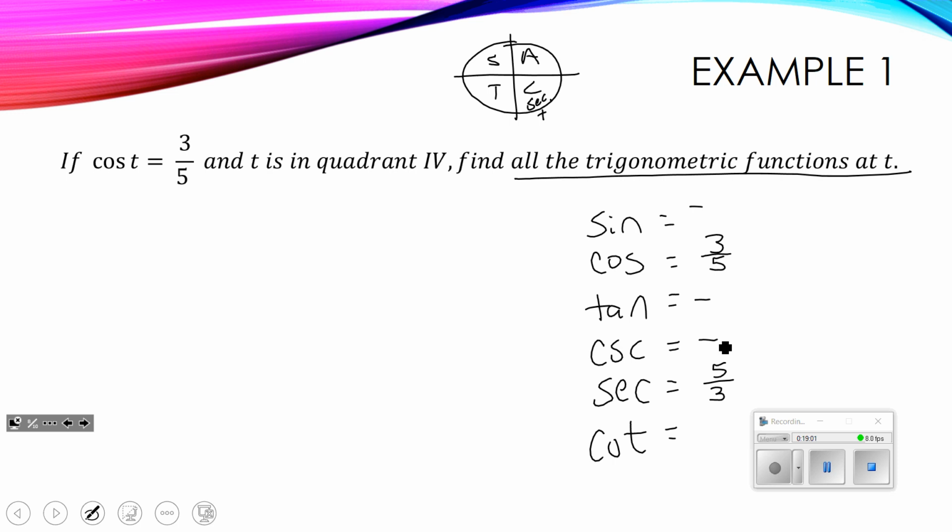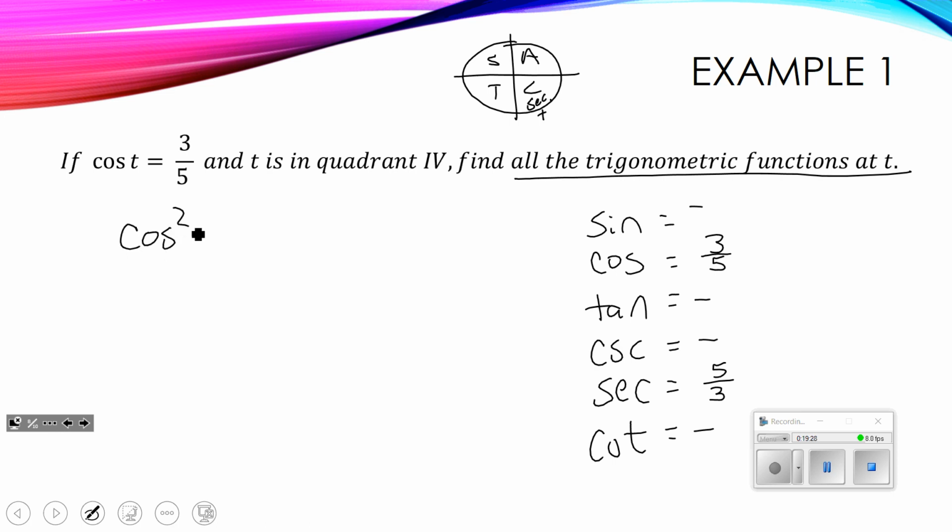That's how I use that. Does that make sense? I already know that they're going to end up being negatives. So the question is, how can I figure out, I know the cosine, but I don't know the sine. So let's use our Pythagorean identity that we just used. Okay?